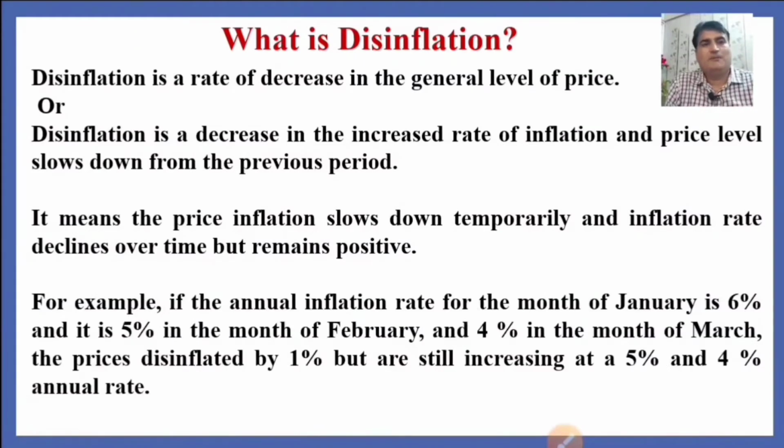For example, if the annual inflation rate for the month of January is 6%, it is 5% in February and 4% in March, the price is disinflated by 1% each month but is still increasing at 5% and 4% annual rate. It means inflation occurs but the speed of inflation decreases.